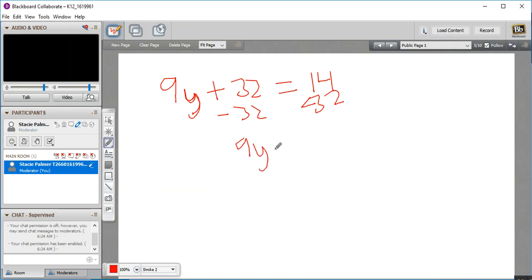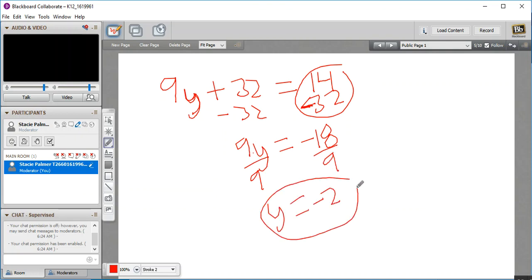So 9 times y equals, when you take 14 and you subtract 32, you get negative 18. Please use your calculators, okay? Make sure that you do your operations correctly. And then to get rid of the multiplication of 9, we would use division. So y equals negative 2.